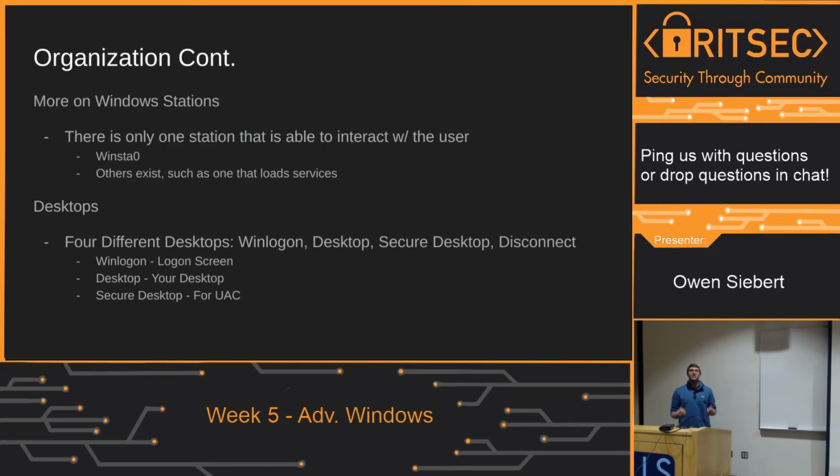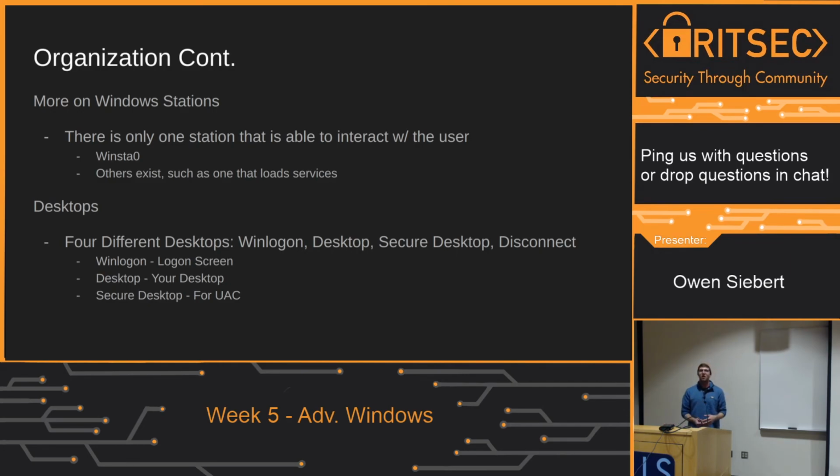There are even multiple desktops, and you're not going to necessarily see all of them at the same time. So there's WinLogon, desktop, secure desktop, and disconnect. Secure desktop is kind of interesting, and that's mostly used for UAC. It's pretty special because it's very difficult for, let's say, malware to hook a process that got executed in the secure desktop because it's isolated at that level.